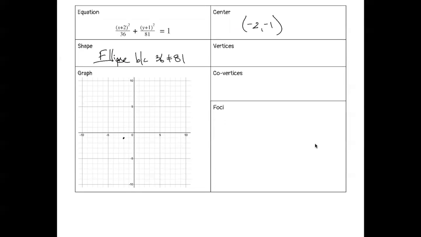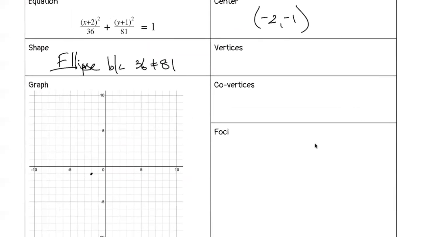All right, y-axis is the major axis. How do we know that? You are absolutely correct. Because the 81 is under the y and it's bigger than 36. Good. We want the bigger number, right? The bigger number tells us where the vertices are.